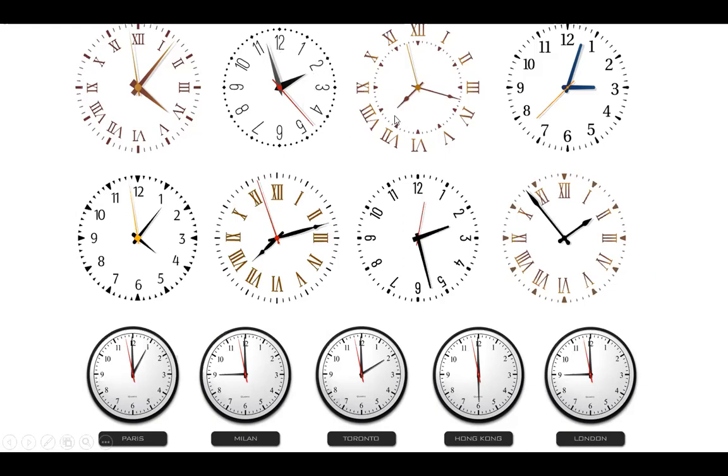What about the next one? That's like 17, almost 18 minutes past 7 o'clock. So it's, I don't know, 15, 16, 17, almost 18 minutes past 7 o'clock. How would you say that?